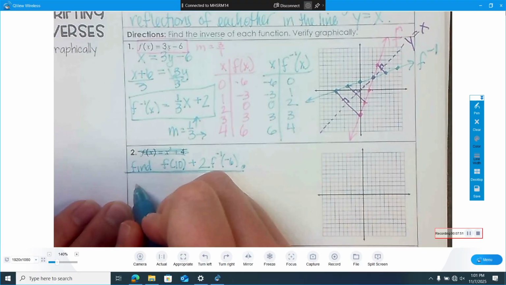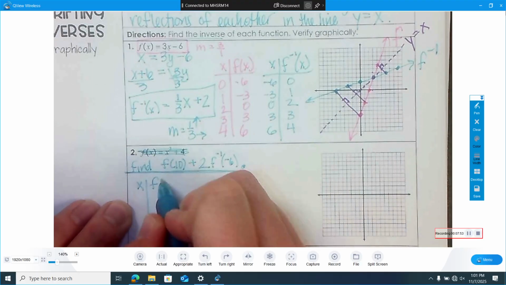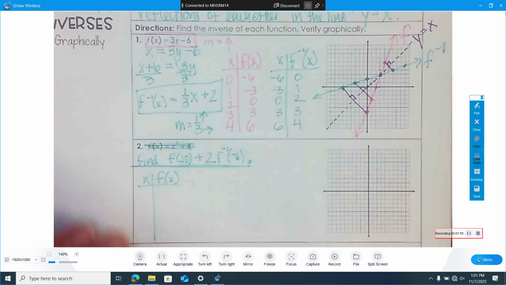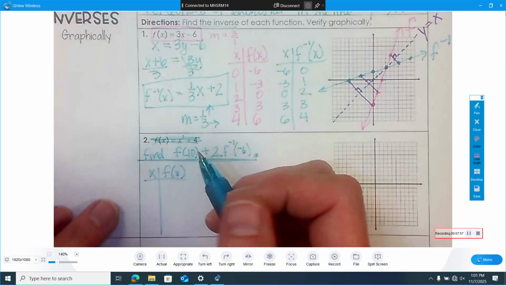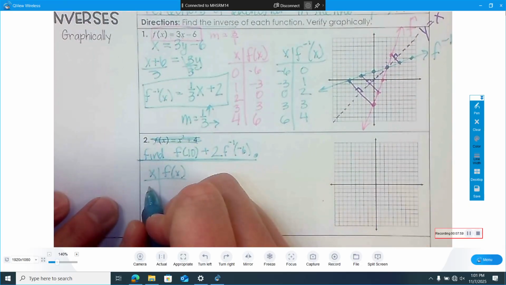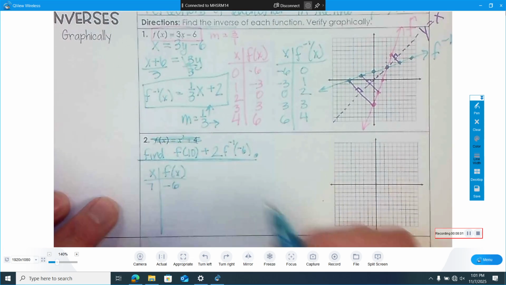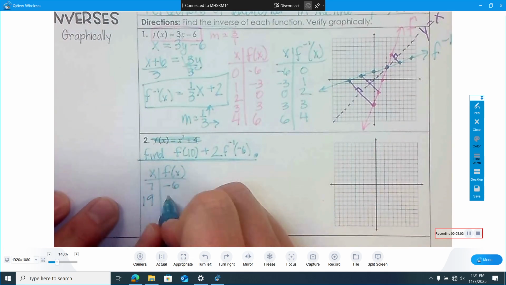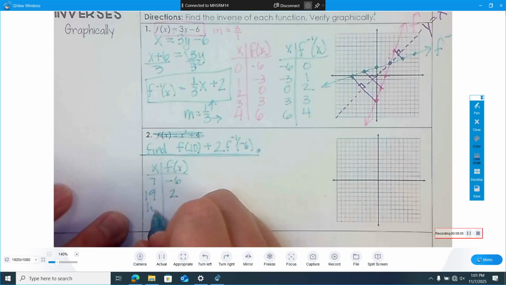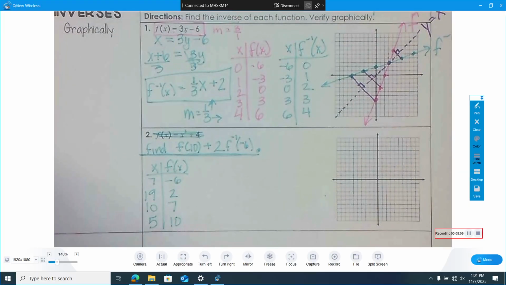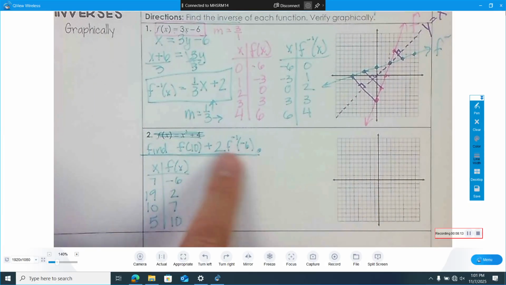And the information they're giving me is a table of values for my f function. My table of values for my f function are, let's see, (7, -6), (19, 2), (10, 7), and (5, 10). So we need to figure out what they want us to do here. What do you think this means?